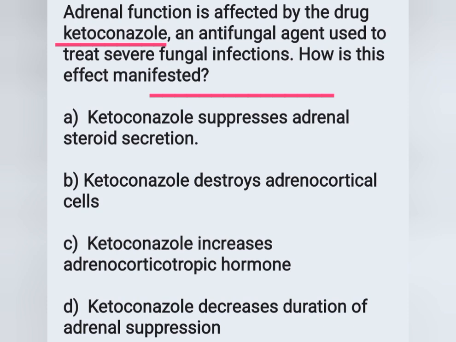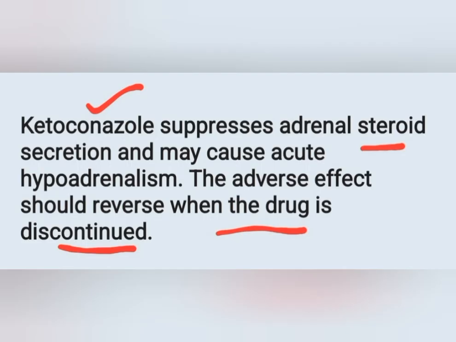Here the question is: adrenal function is affected by the drug ketoconazole. Ketoconazole is an example of an antifungal drug used to treat fungal infection. This drug affects the adrenal function of the patient. So how is this effect manifested? Here we can see the mechanism.